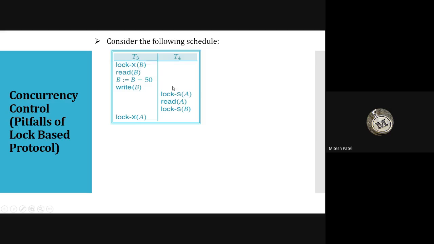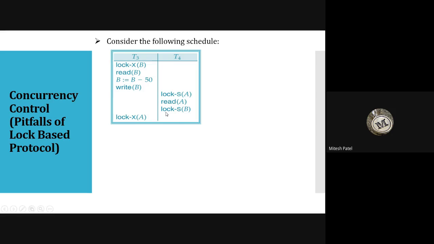Here in T3 it is B, here in T4 it's A. Then read A, and then T4 requests lock S on B. It requests the shared lock on data item B, but data item B is held by the T3 transaction in exclusive mode. So until T3 releases that exclusive lock on data item B, T4 has to wait.